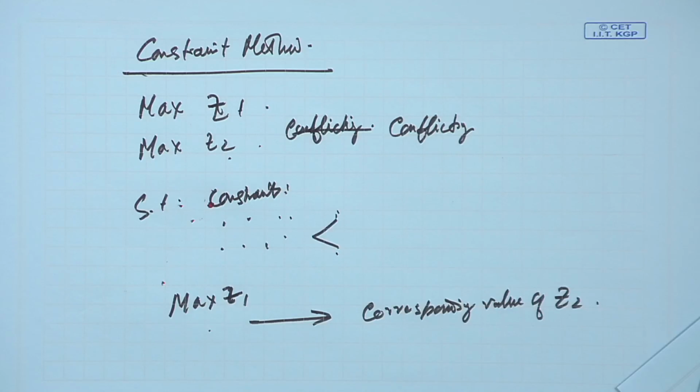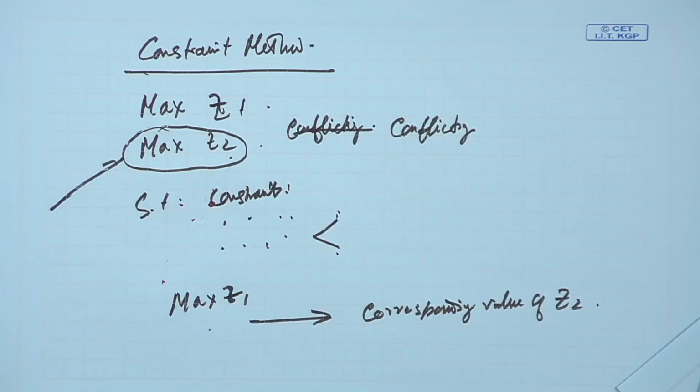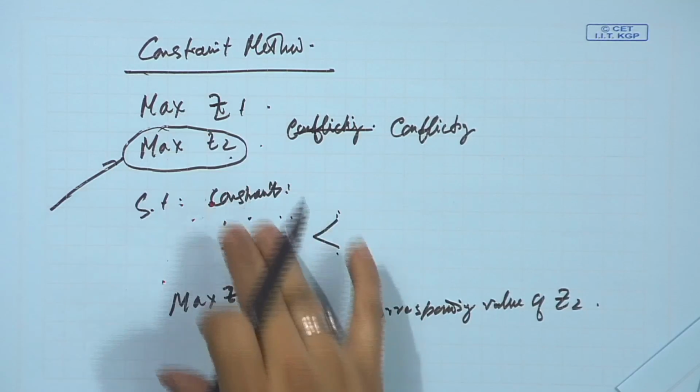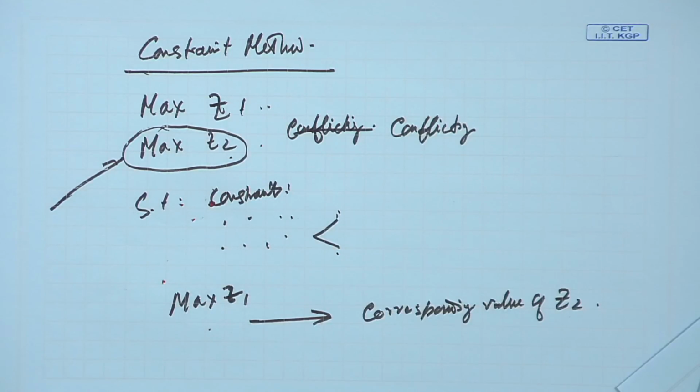If I remove this altogether and solve it as a single objective problem, it should give the maximum possible value of Z1, because the other objective is not coming into the picture. So that's the best possible value we are getting.